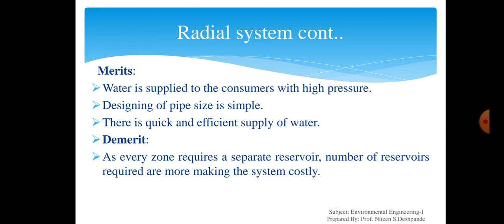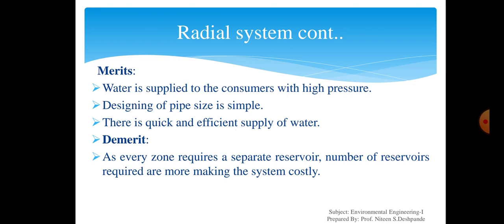If we consider the tree or dead end system, it is used for old towns. In an MCQ exam they may ask: if we want to design a water supply scheme for an old city or town, which type of layout of the distribution pipe network will you use? There will be four options: tree or dead end system, ring system, grid iron system, and radial system. The answer will be tree or dead end system, because this system is popularly used for old towns.